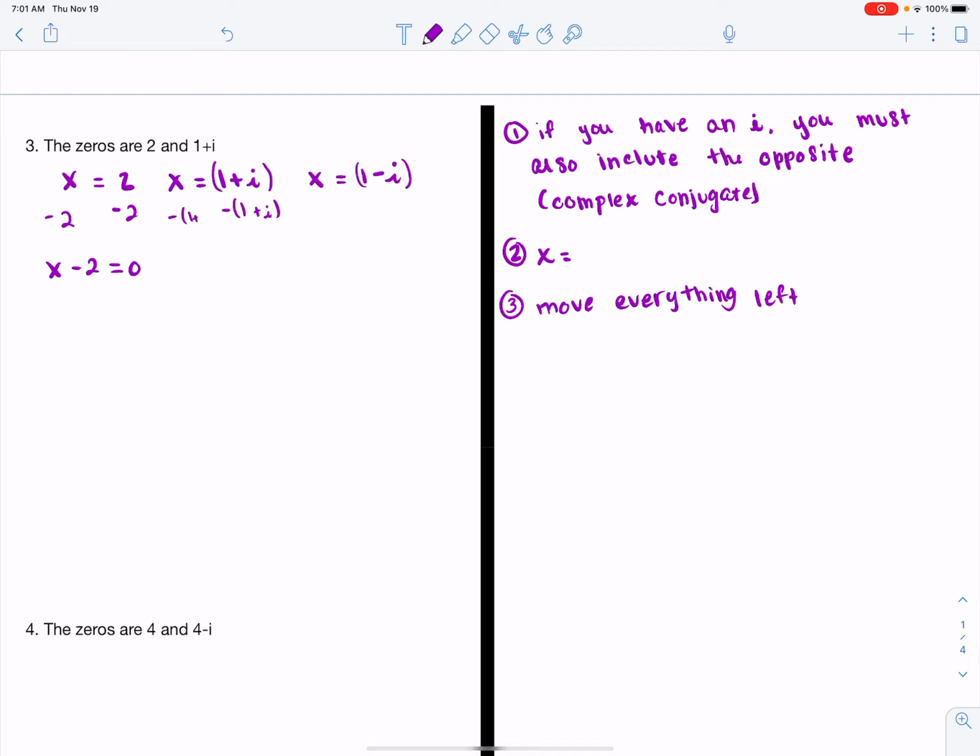So I have x minus (1 plus i) equals 0. So same thing. Minus (1 minus i). So I have x minus (1 minus i) equals 0. Okay? Those are my factors, and that looks really crazy, but it is what it is. Okay? Now, step 4, I need to multiply everything together.